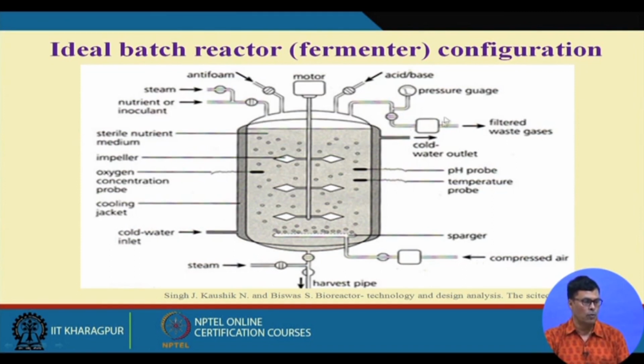There is no airflow, and there is a possibility of back suction of air. So if you don't have a filter here, the unsterile air will go inside the system, and the system will be contaminated. So there should be a filter at the exit, on the air stream that is going out of the reactor.